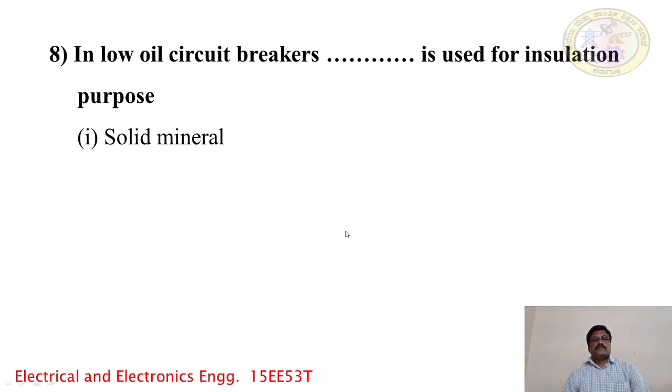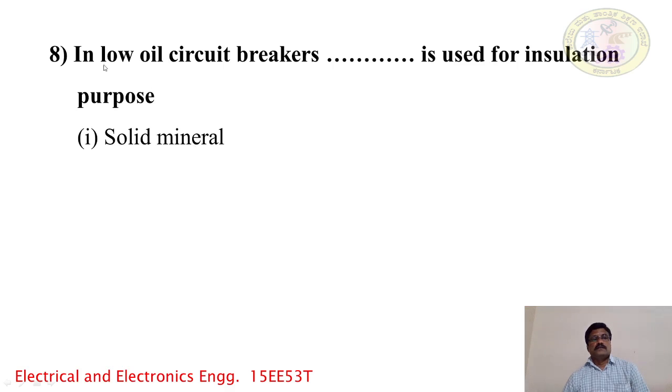Next question, eighth one. In low oil circuit breaker, dash is used for insulation purpose. Low oil as well as bulk oil are the two types of circuit breaker. In bulk oil, the oil performs two functions: insulation as well as arc interruption. In low oil circuit breaker, the oil performs only arc interruption.